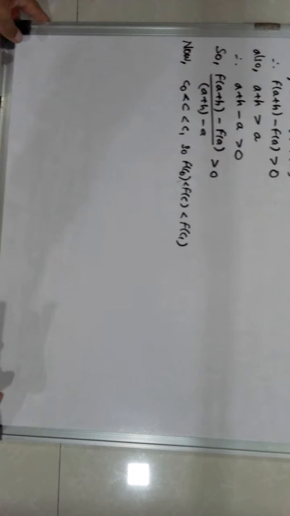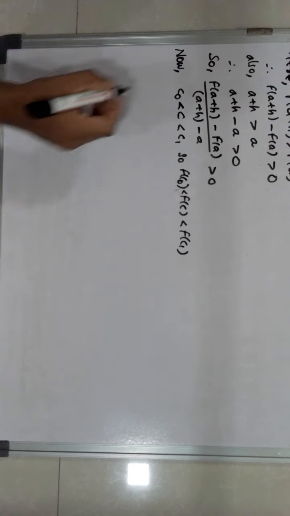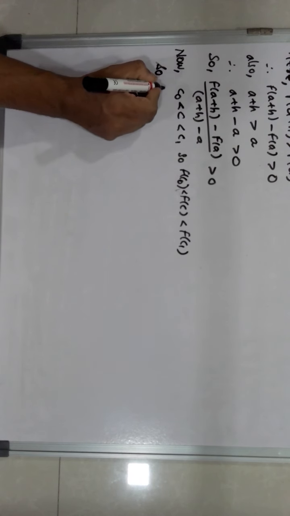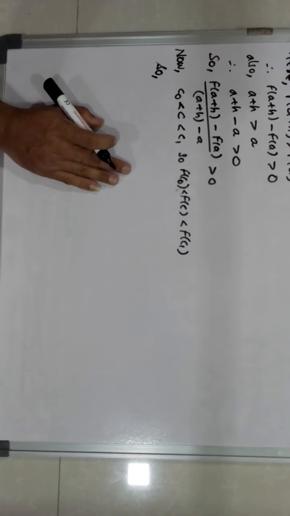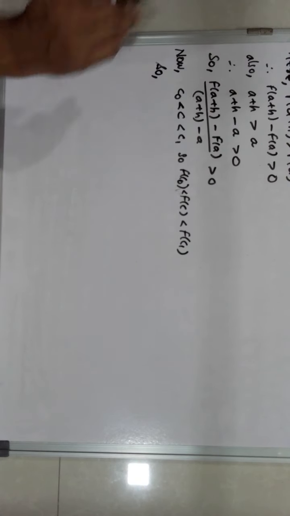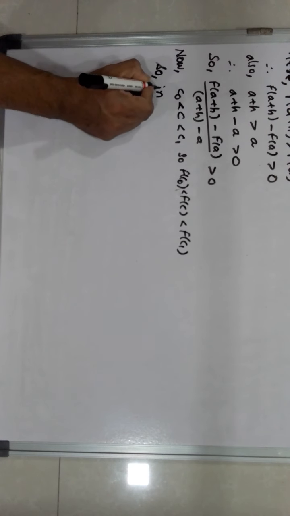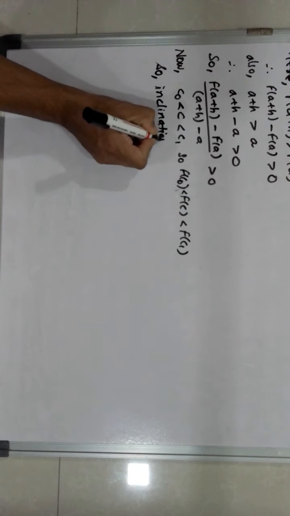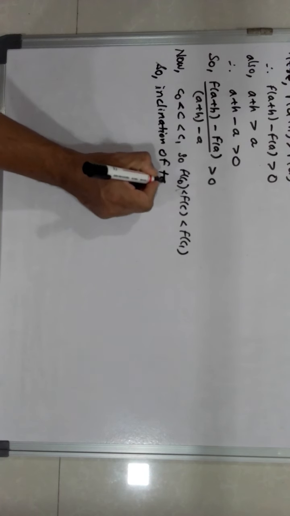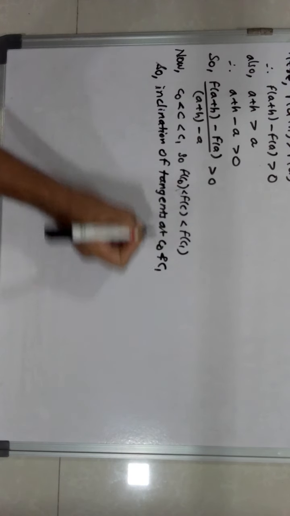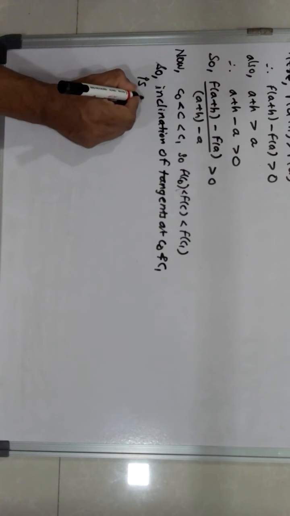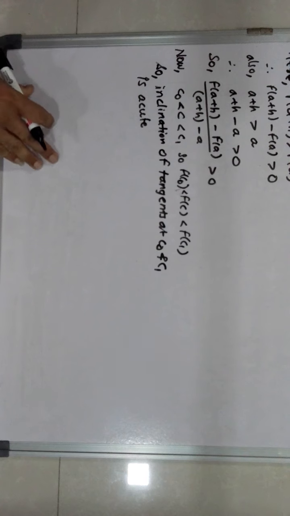So I can say here, tangent drawn at C or C0, that is C0 or C1, forms acute angle with positive direction of x-axis, that is, inclination of tangents at C0 and C1 is acute. I will not say theta, I will say it is acute.